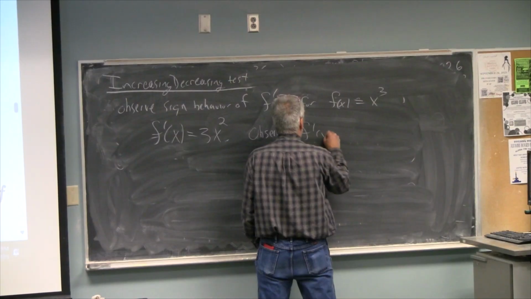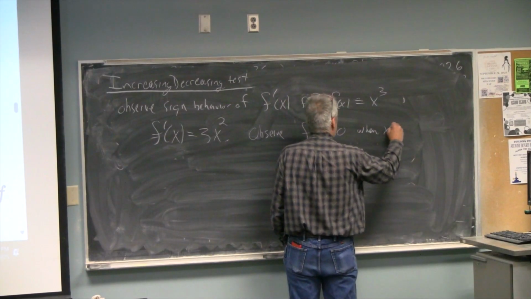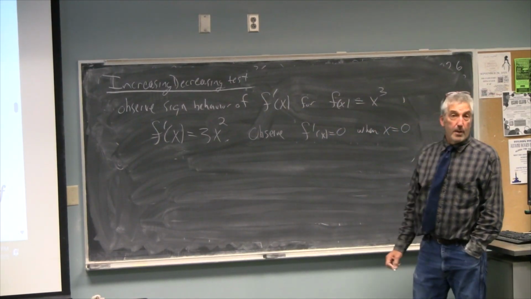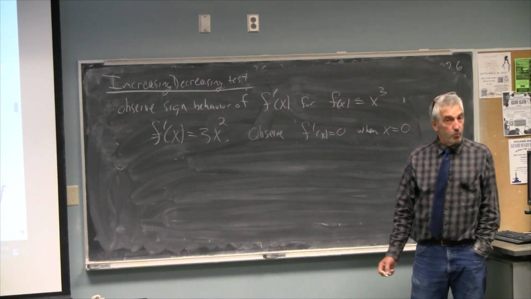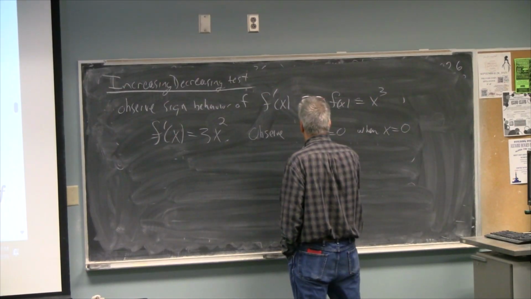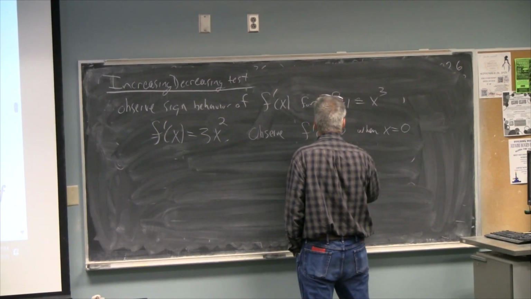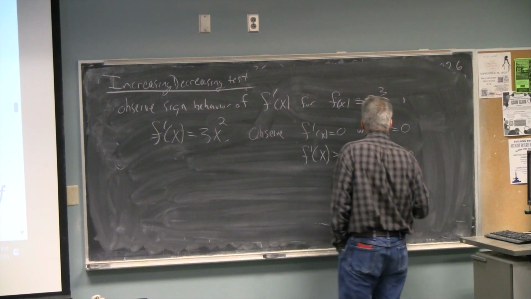f prime of x equals 0 when x equals 0. Otherwise, f prime is going to be greater than 0. Pick any number, positive or negative, and you square it, you get a positive thing. So f prime of x is greater than 0 when x is not equal to 0.